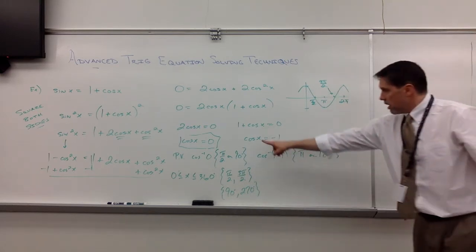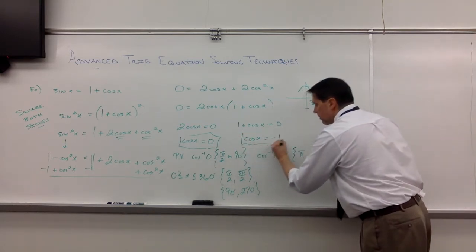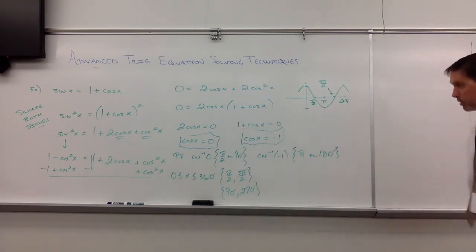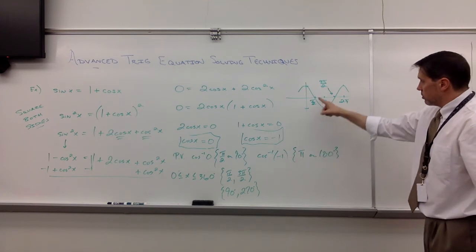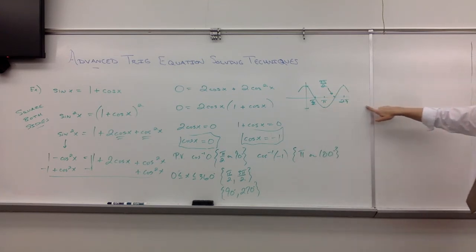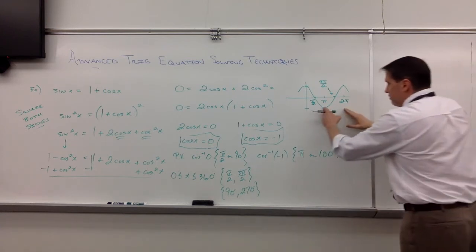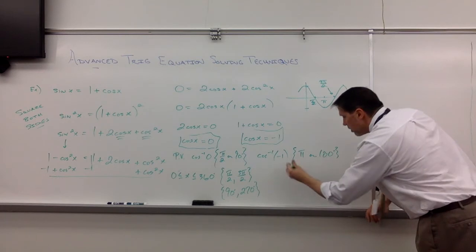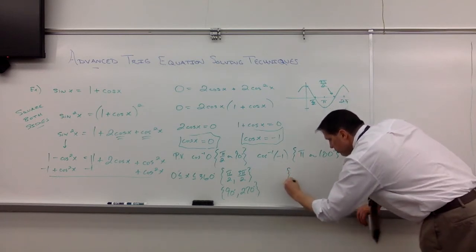Where is cosine? Oops, keep pointing to the wrong thing. Don't point to this, you point to this. Where is cosine of x equal to -1? Well, we saw it at pi. Where else? Well, it's not going to be -1 until way over here, past 2 pi, and -1 back over here, which is past 0. So we're looking at just one solution.